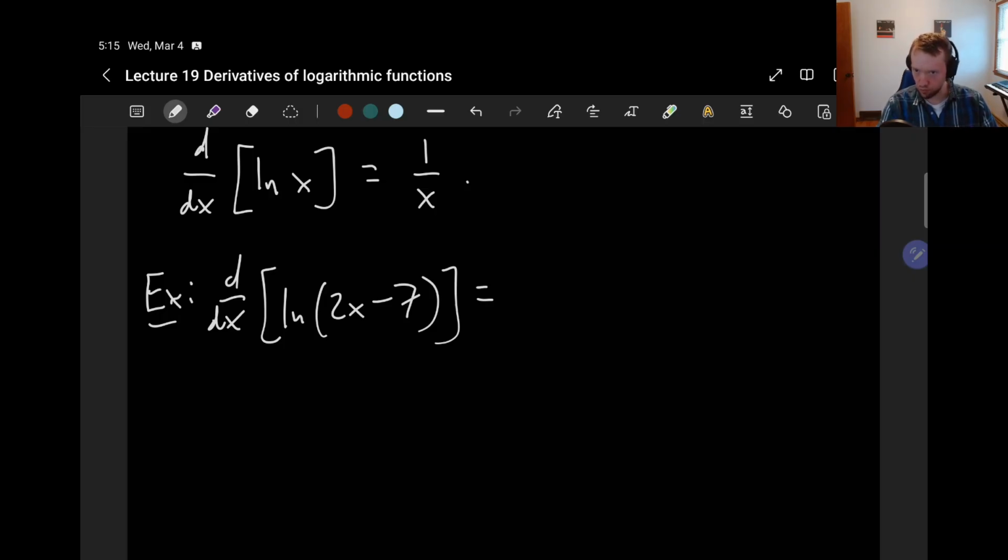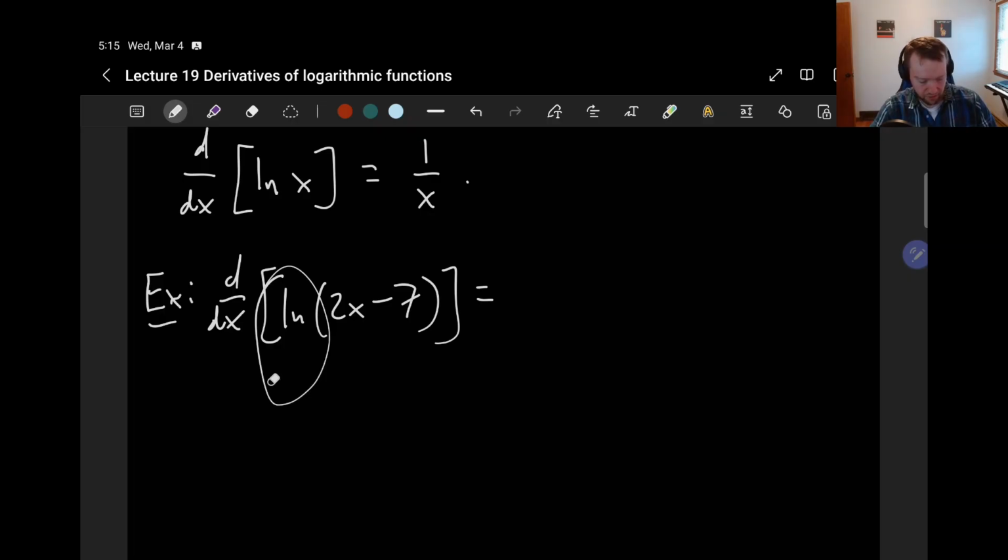So this is chain rule. We have function composition here, a function being plugged into an outside function. The way that we handle this is we take the derivative of the outside function first, but leaving this input intact. And then we multiply by its derivative.